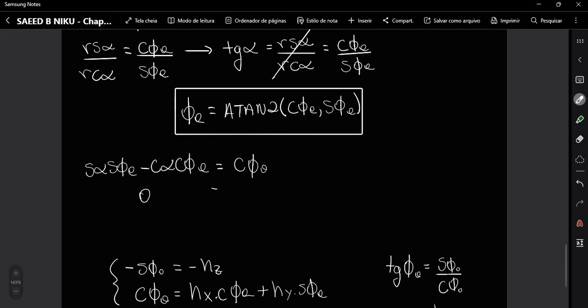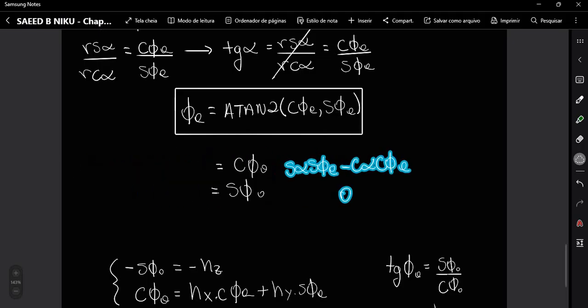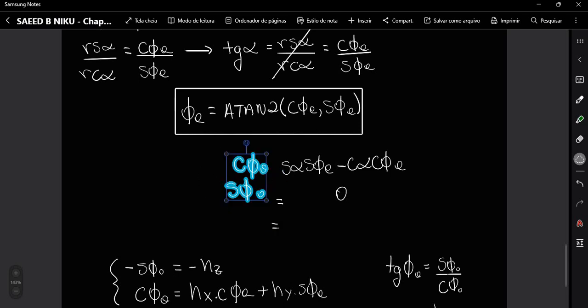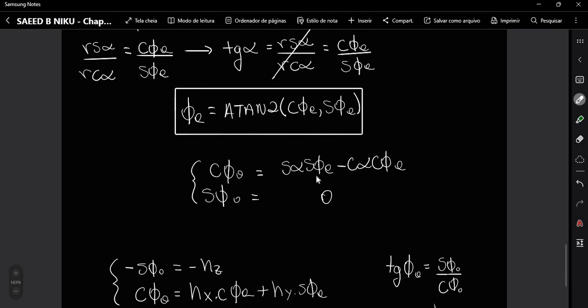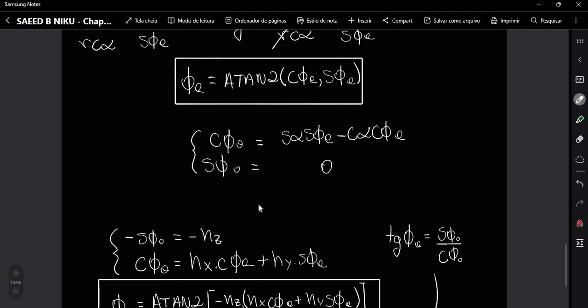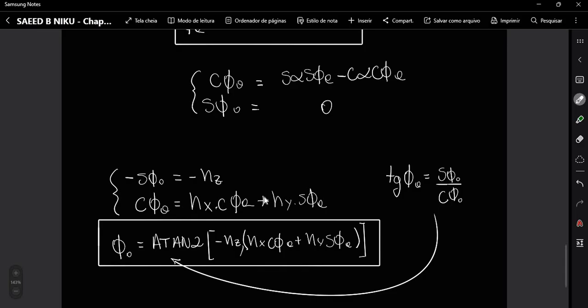So sine of phi o equals 0. Okay, I'm not so sure, but this is a solution.